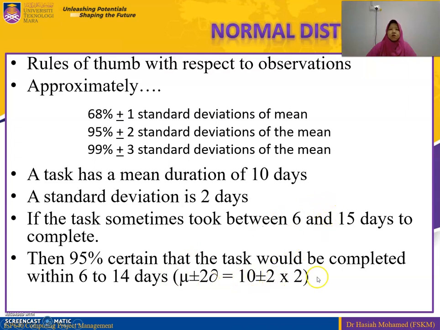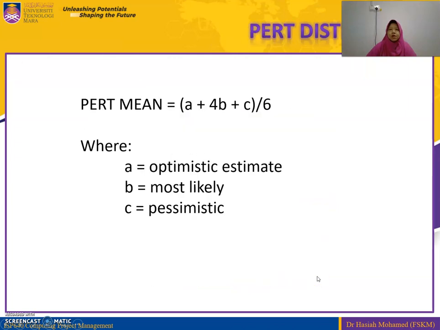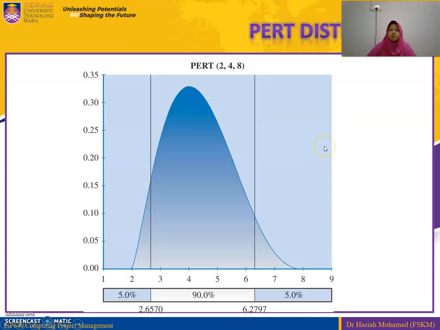So this is the formula. For the PERT distribution, we have the PERT mean, with the optimistic estimate, most likely, and pessimistic. The formula is A, the optimistic estimate, plus 4B, the most likely, plus C, the pessimistic, divided by 6. That's what we call the PERT mean.